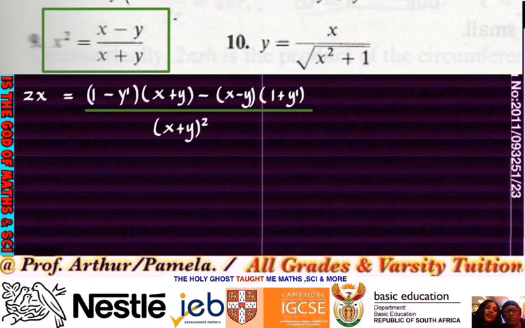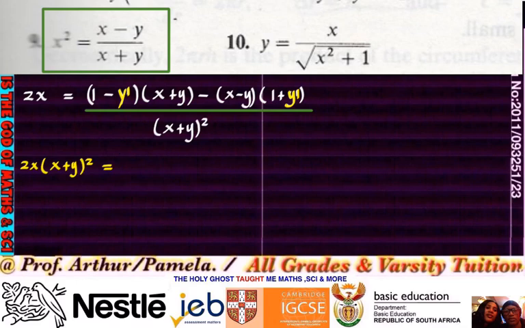So the guy that I want to solve for, I'm writing him in yellow. I want that guy in yellow to be the subject of the formula. We good, right? So I just multiply both sides by the denominator. So let's take it one step at a time. So we got 2x into x plus y, close the bracket, all squared, equals the other side.